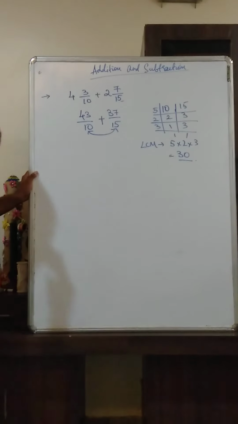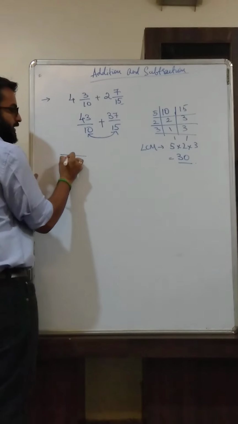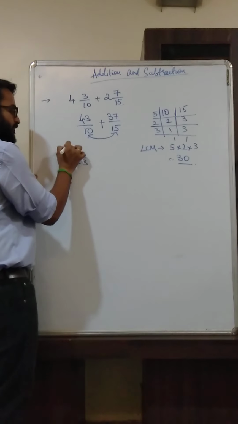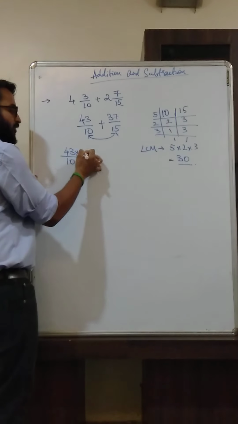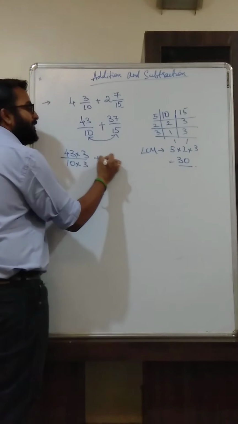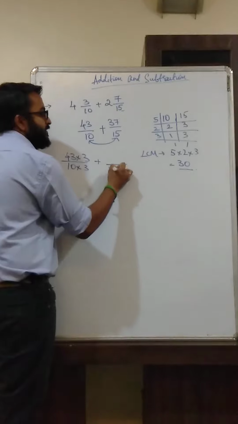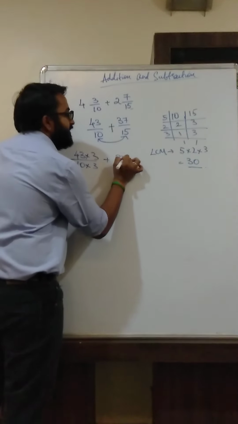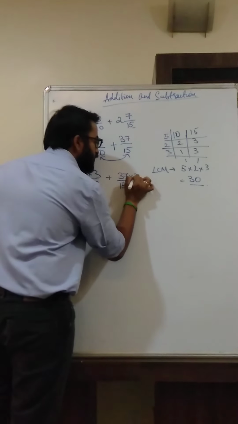So LCM is 30. So 10 into 3 is 30. So 43 into 3, plus 15 into 2 is also 30. 37 into 2.